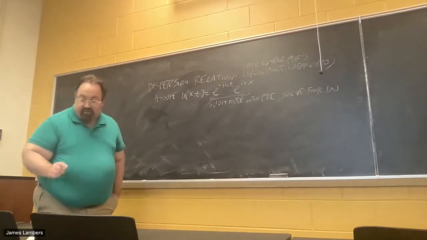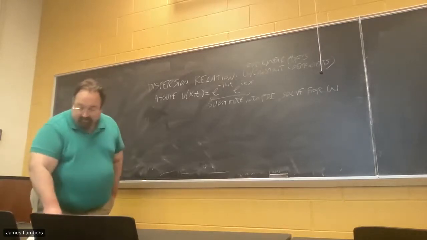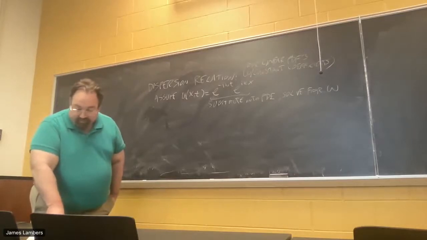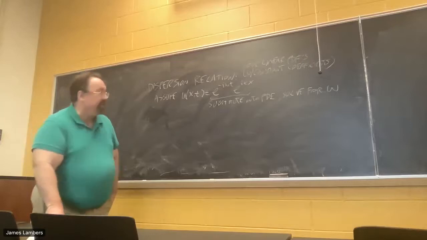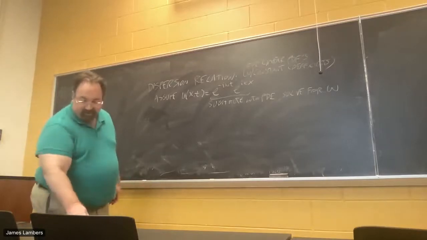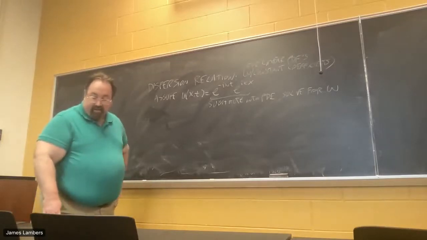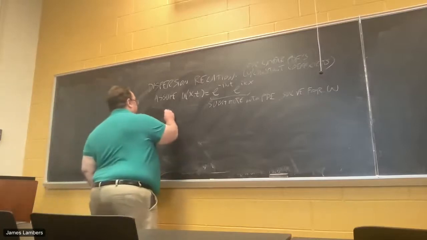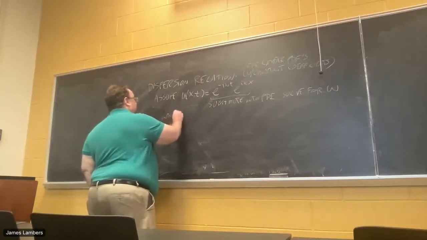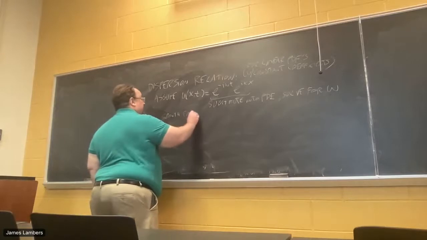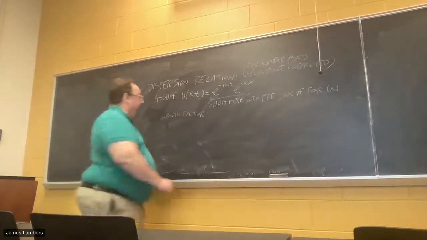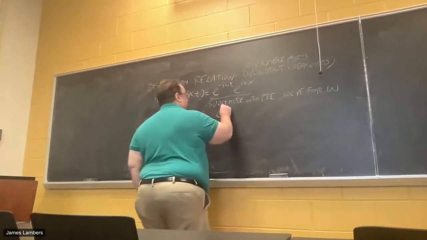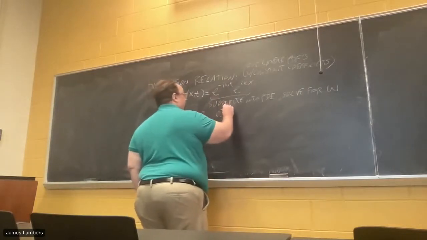Now, in addition to the dispersion relation that relates omega to k, I see in the notes that they actually have not omega but w, but we'll just go with omega. You also get the growth factor, and that is the time-dependent part, e to the minus i omega t.